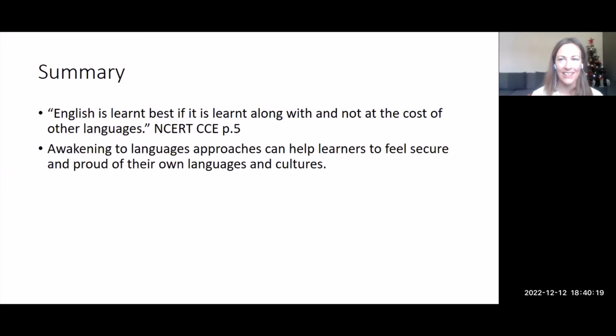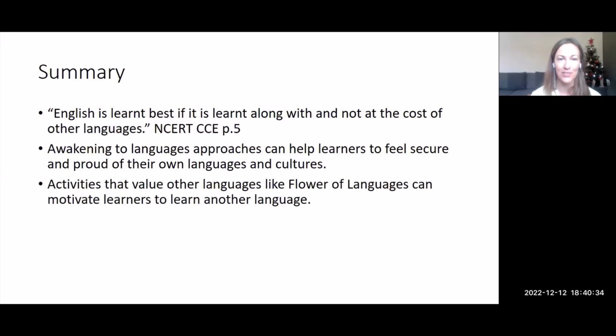We've looked at 3 activities. Remember, the Flower of Languages, Languages in My Neighbourhood, and the Pluralistic Portrait. And we can use these to help learners feel secure and proud of their own languages and cultures. And these activities that value languages can help to motivate children to learn another language. And they also teach us a lot about our students.